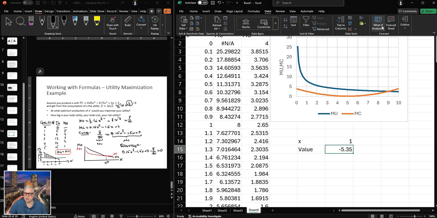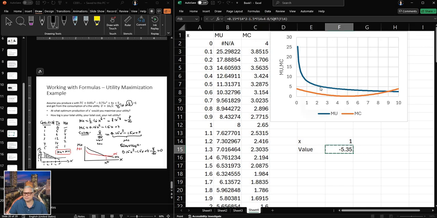There is something called what-if analysis, and then you go to goal-seek, and then it becomes pretty straightforward. It says set the cell F15, okay, so this is the cell, this is correct, to the value of 0 by changing that cell.